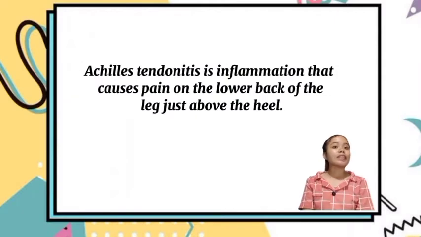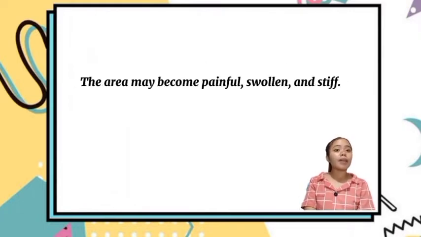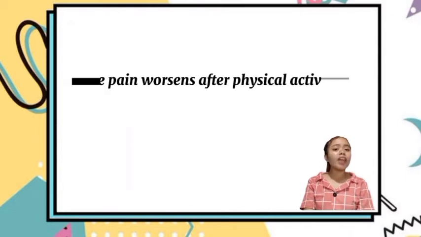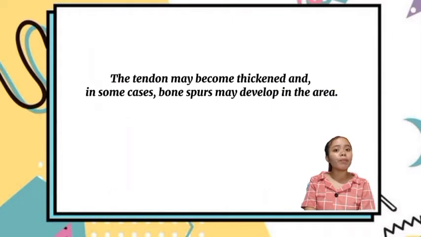Achilles tendonitis is inflammation that causes pain on the lower back of the leg just above the heel. The area may become painful, swollen, and stiff. The pain worsens after physical activity. The tendon may become thickened, and in some cases, bone spurs may develop in the area.